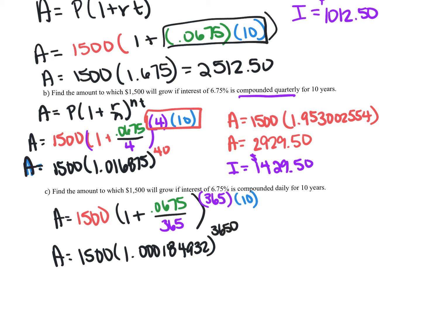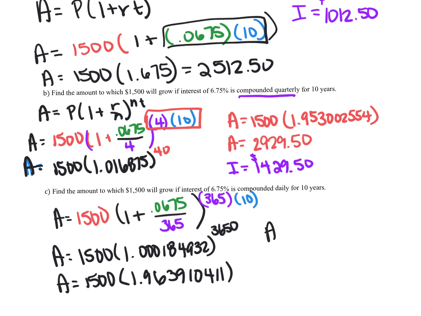When I raise that number to the 3,650th power, I get A equal to 1,500 times 1.96391041. I multiply that times 1,500.